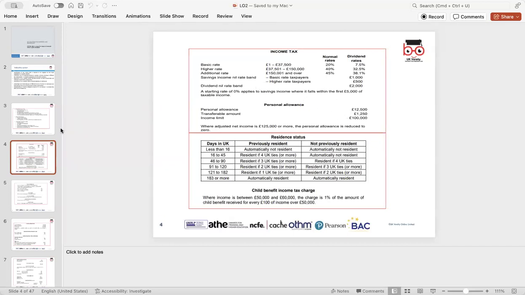There are also certain allowances and bands that can affect how much income tax you pay. For example, there is a savings income nil rate band, which means you don't pay tax on the first £1,000, or £500 of savings income if you are a higher rate taxpayer.